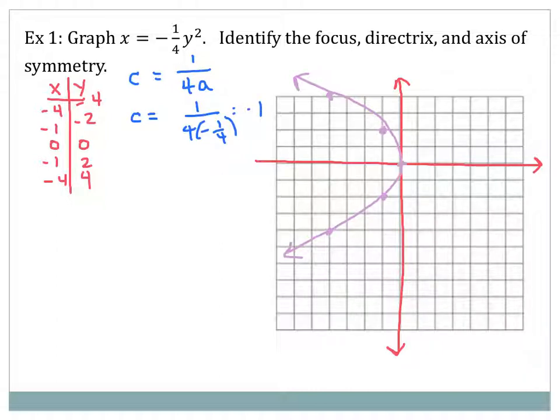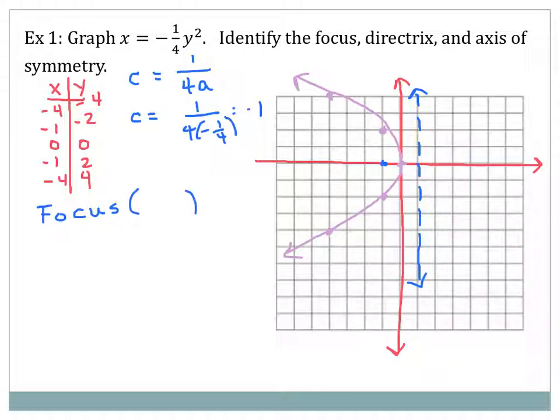Okay, so that one actually turns out to be pretty easy. And since I know that distance, I can go ahead and put those dots on there. So I'm just going to move over one space this way, and then I'm going to do my line. It gives you less formulas to remember if you can actually remember where it's going to be located. So your focus is a point, and what's the coordinate?